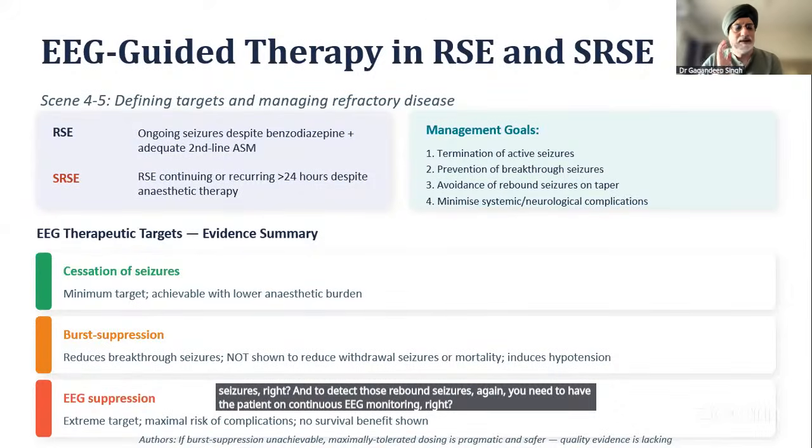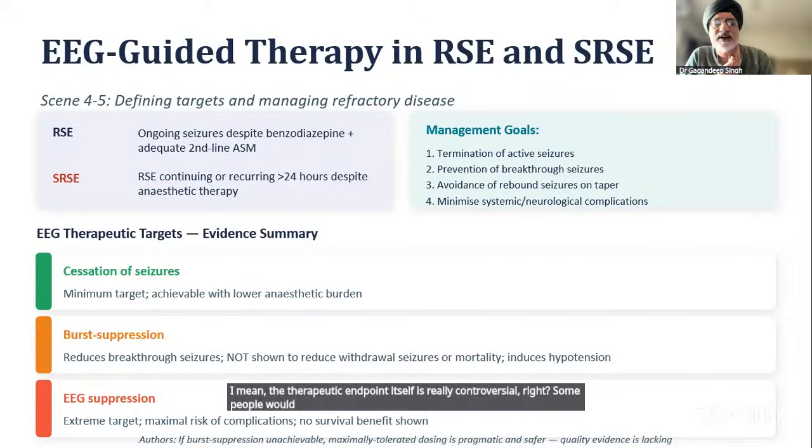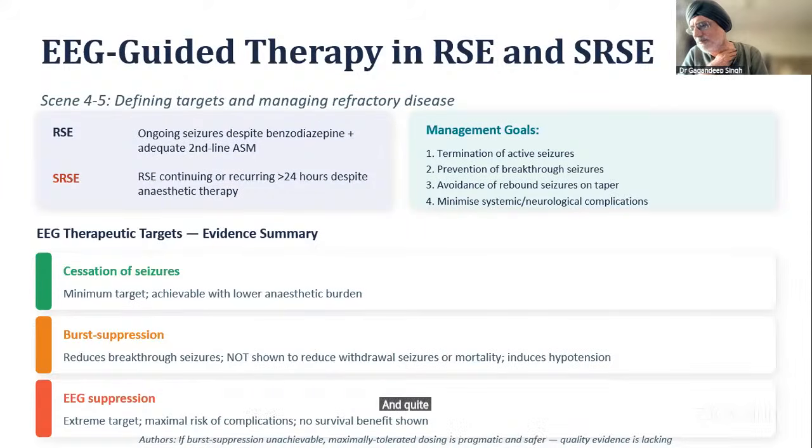The therapeutic endpoint itself is really controversial. Some people would say it's just enough to stop the seizures from happening, and that should be fine. But some people go for burst suppression, and there is an ACNS definition for burst suppression.